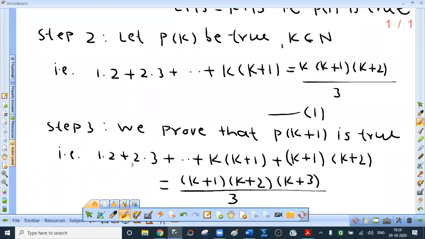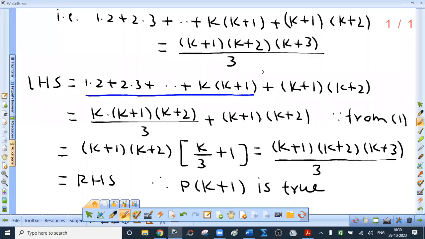We begin with LHS. Note that for these many terms, we can directly write this. So this plus this one is this. We have to prove this. Try. LHS: 1 into 2 plus 2 into 3 up to k into (k plus 1). For these underlined terms, I can directly write k into (k plus 1) into (k plus 2) upon 3, plus this term.